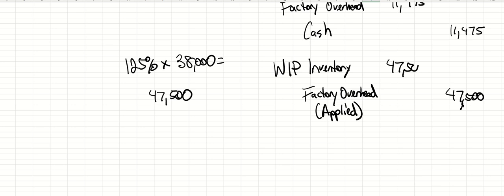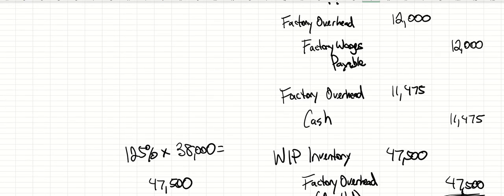All right. So going back to factory overhead. When you credit factory overhead, you are crediting that account because those credits are identified as estimates. So this amount here is an estimate, which is why they let us know that the applied overhead rate is going to be 125% of direct labor costs.